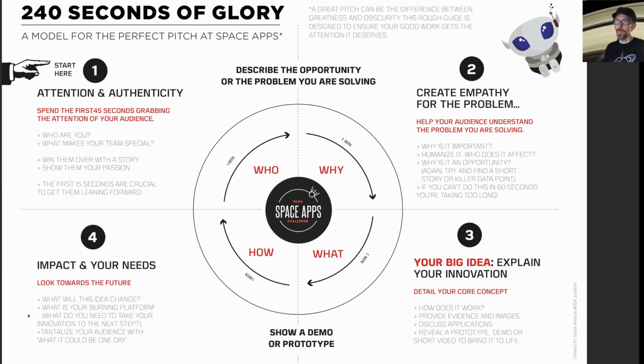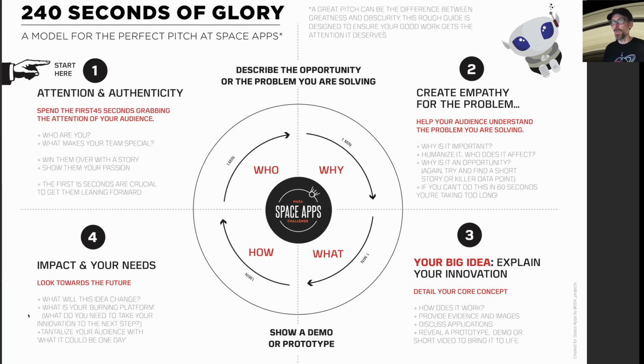As you move into your fourth minute, you're going to be talking about what the impact is and could be, and where you could take the idea from there. How would you take the next step with your innovation, and what could it be one day if you continue to work on it, if people adopted it?